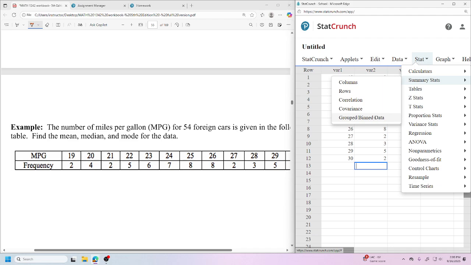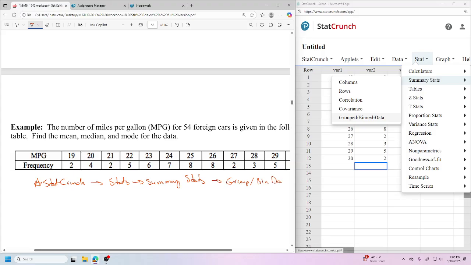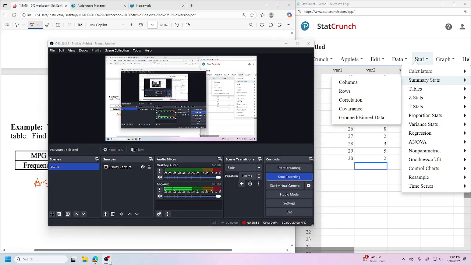So I'm going to start writing it down. So here we go, StatCrunch. We're going to go Stats, Summary Stats, and then Group Bin Data. And then we're just going to click two things and it'll be done. Very quick and easy, of course, once you're doing StatCrunch.